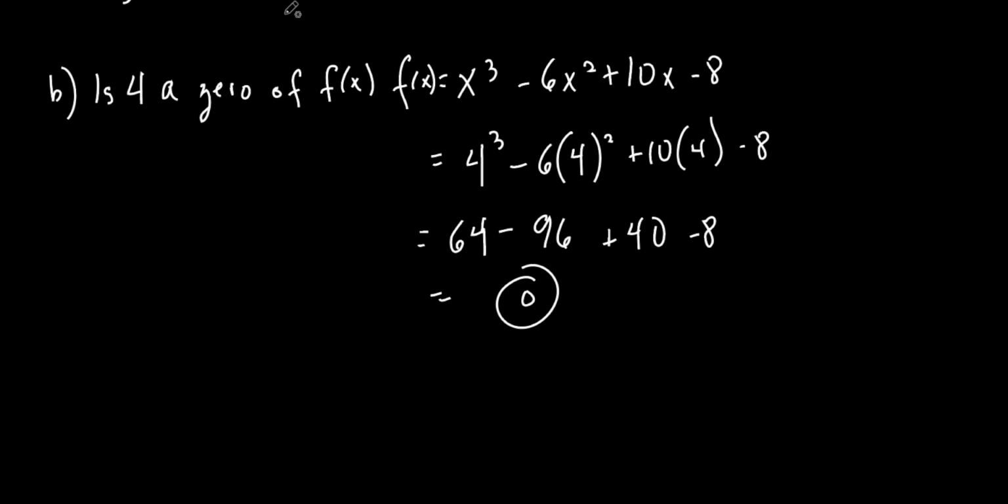Now, that 4 made that thing equal to 0, correct? We also call that 4 a root of the equation. Again, a lot of vocab on this first part of this lesson. It's a root of the function. So we're going to do some things. We're actually going to solve for x, okay? So instead of saying solve for x, they're going to say, what is the root of the function?